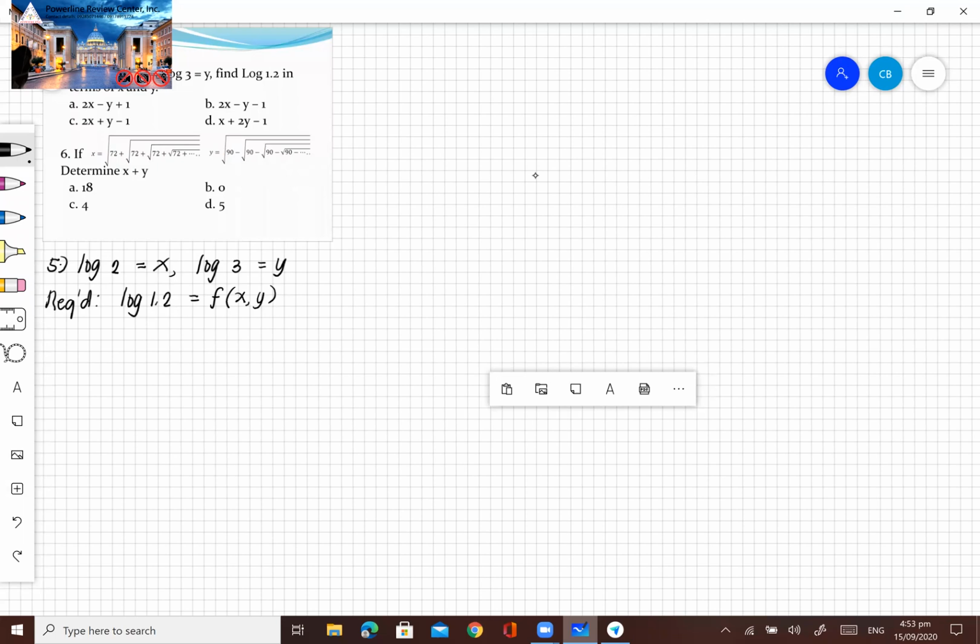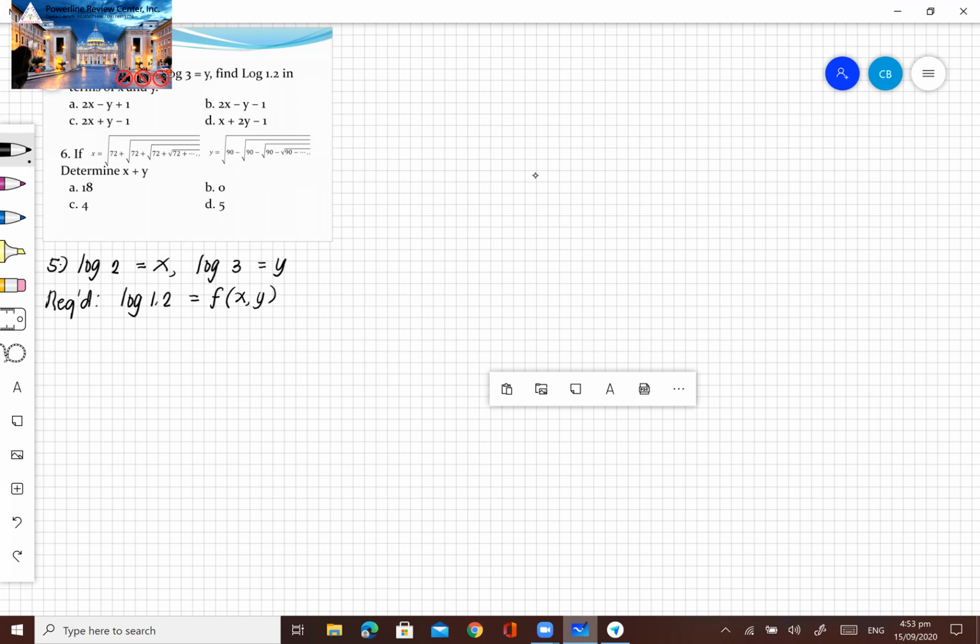So first, factor 1.2 in terms of 2 and 3 so that we can get the values of x and y. The question is, 1.2 is smaller than 2 and 3.